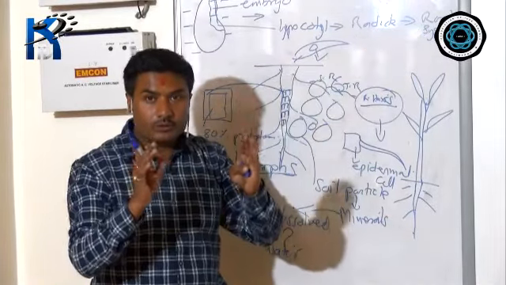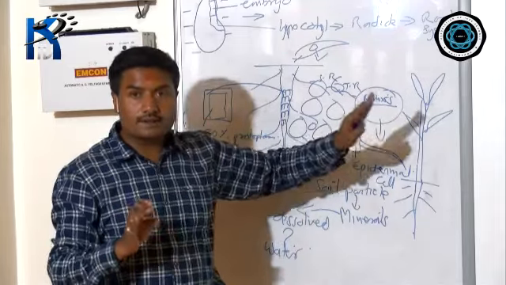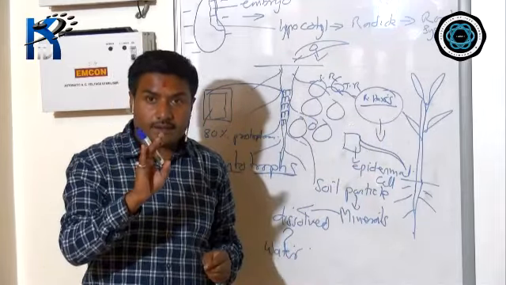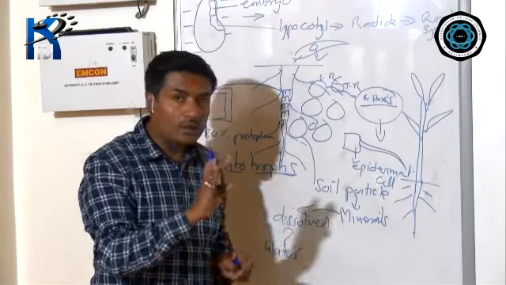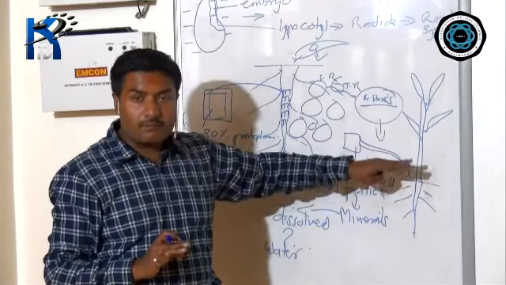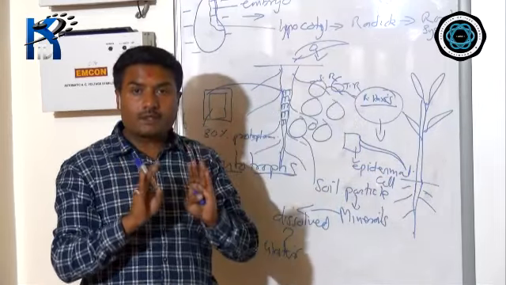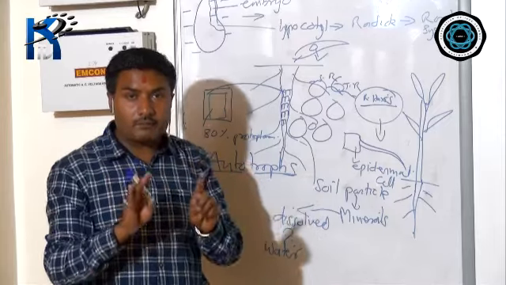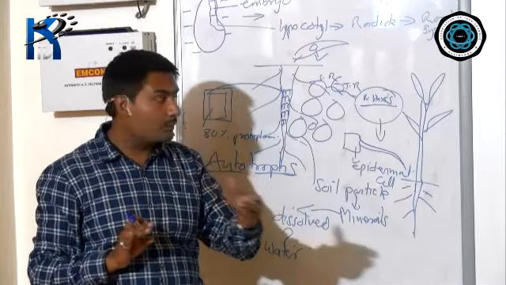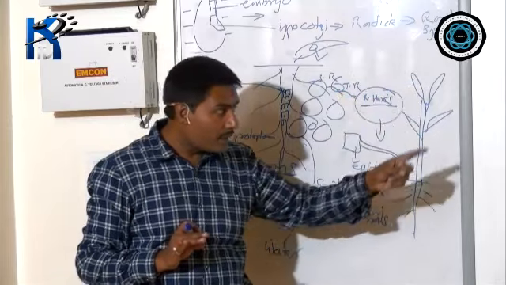This firmness in the plant is due to the turgidity of the cell. The turgidity of the cell is only because the water has been absorbed by the root hairs into the plant body, and due to the presence of water in each and every part of the cell, in the protoplasm, which makes the cell firm in nature, we call it turgid.